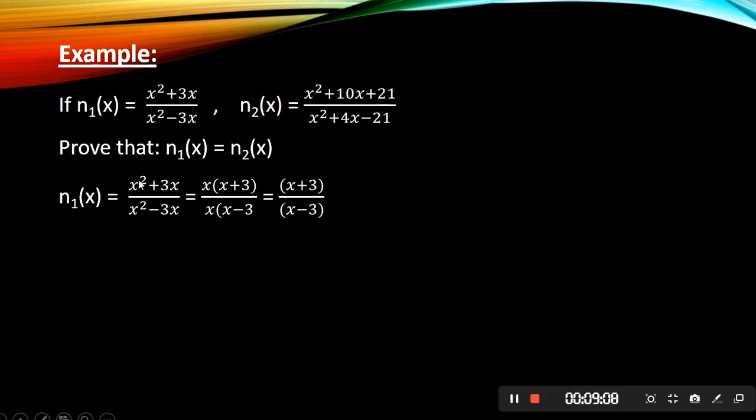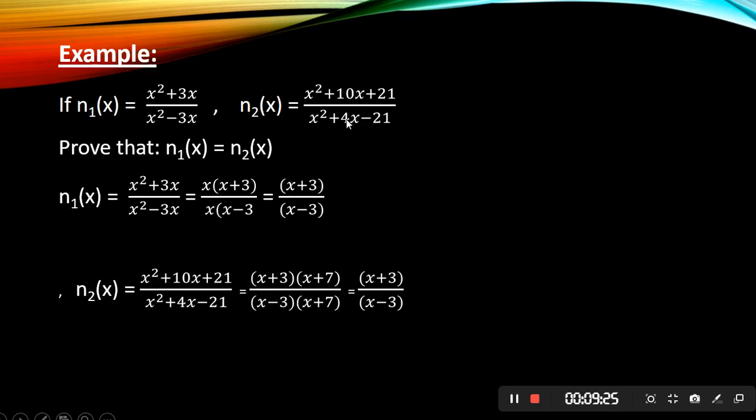n1(x) = (x^2 + 3x)/(x^2 - 3x). I'll take x out as a common factor, x(x + 3) over, I will take x down, x(x - 3). I will cancel x with x, so it equals (x + 3)/(x - 3). Let's go to the other fraction.